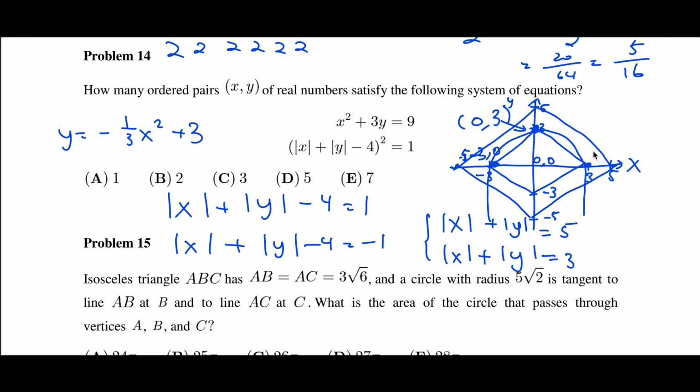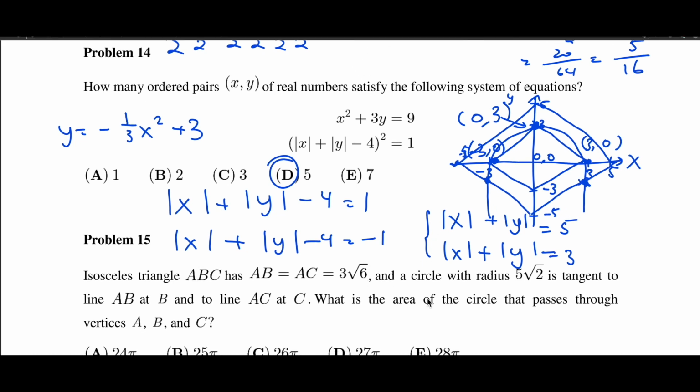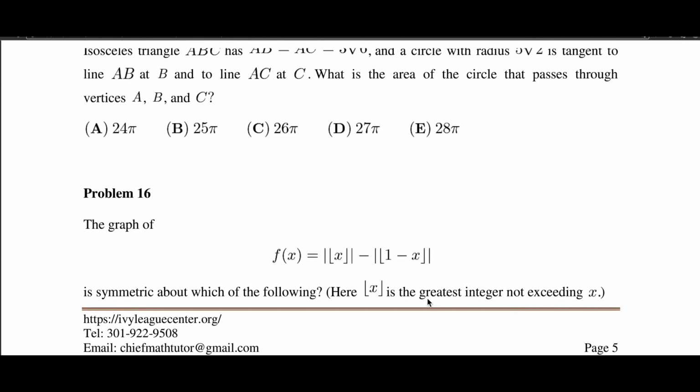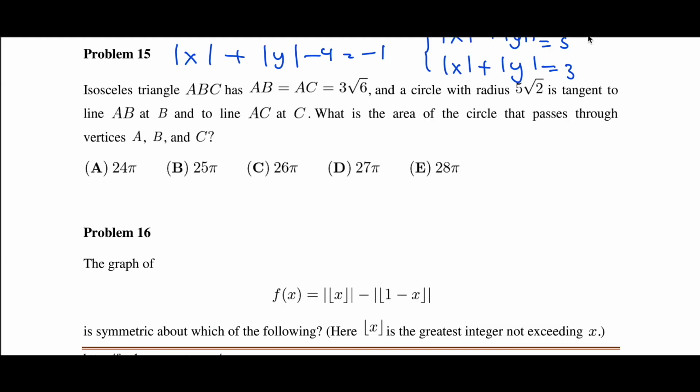This one here is 3, 0. Another one would be here in the 4th quadrant, and another one here, which is in the 3rd quadrant. So the answer is 5, D. Moving on, problem 15. Same thing here.